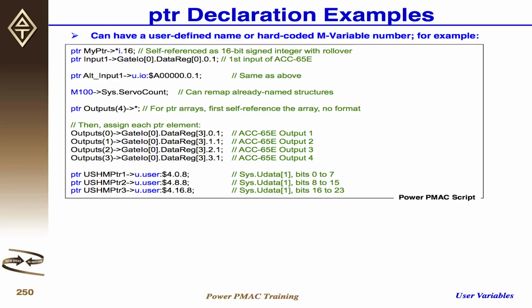We'll get into that a little bit later in this section, but that's for user shared memory, and that's accessible from sys.udata1 bits 0 through 7, bits 8 through 15, bits 16 through 23.